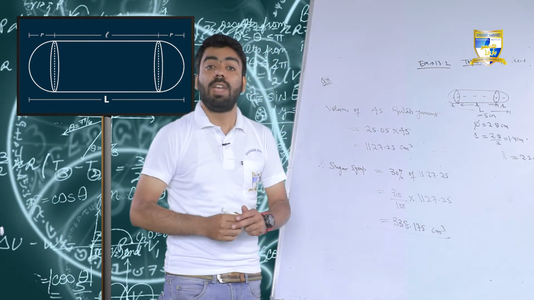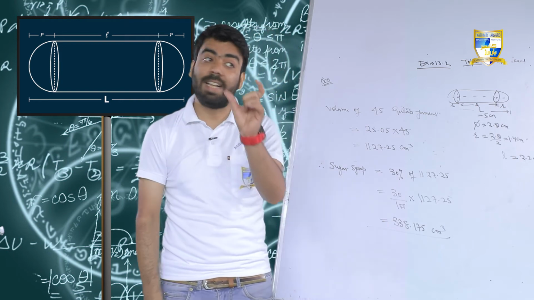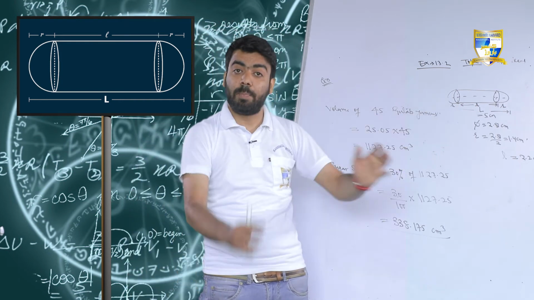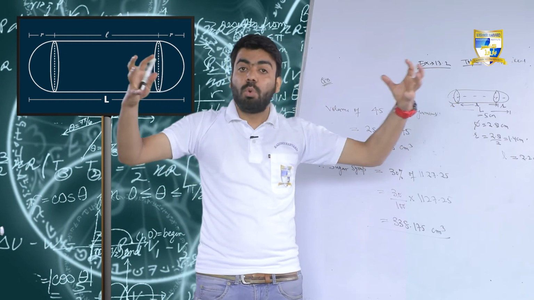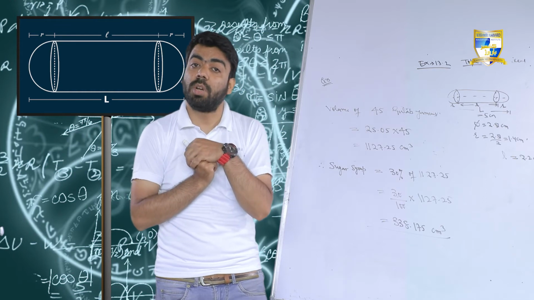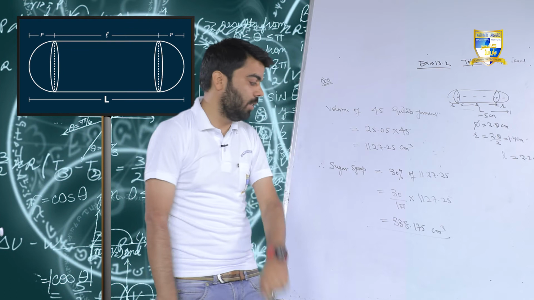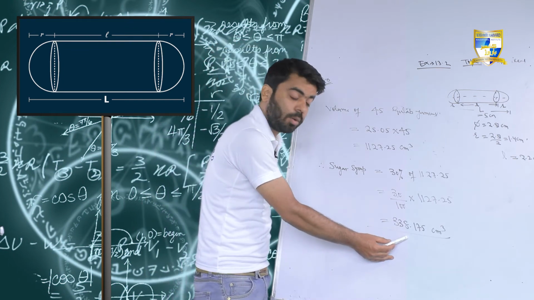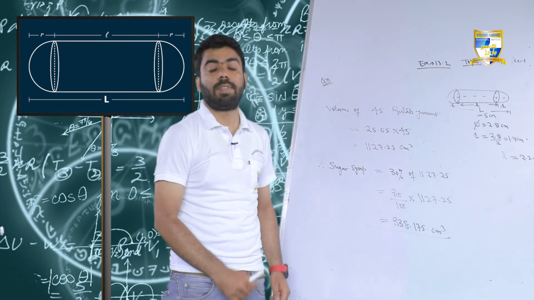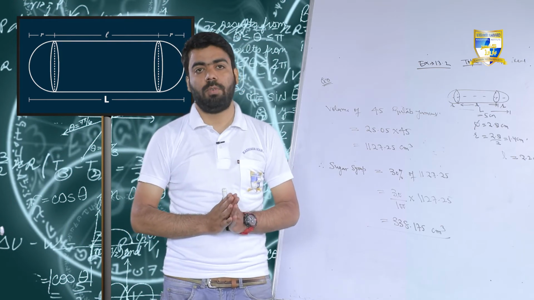That means in 45 gulab jamuns, which are in the shape of a cylinder with two hemispherical ends, the total volume of sugar content, which is 30% of the total volume, is 338.175 centimeter cube. I hope this is clear to all of you, right?